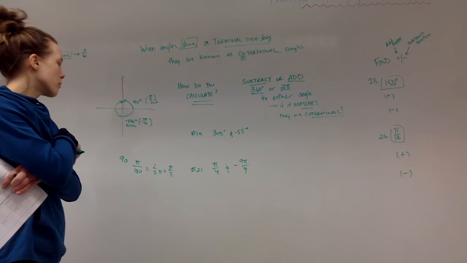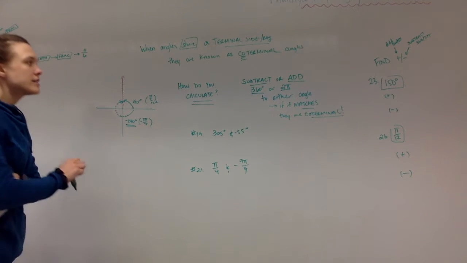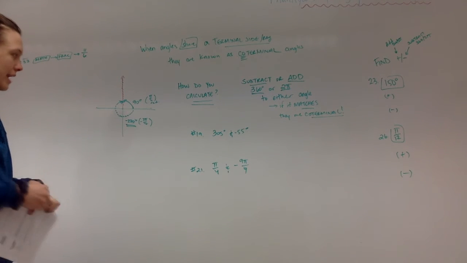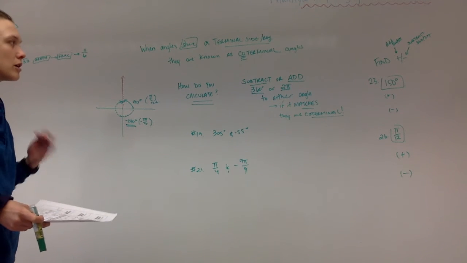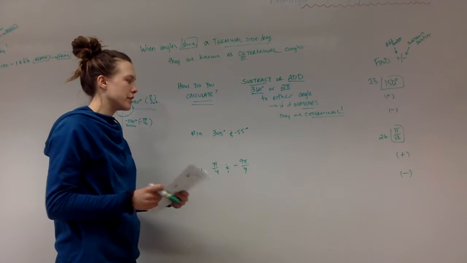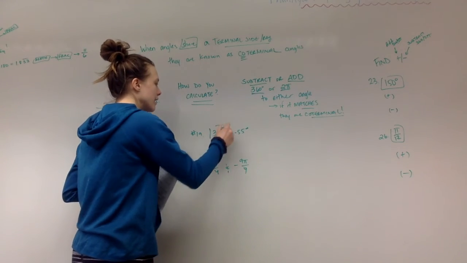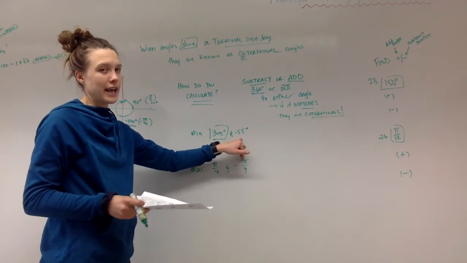I'll erase this because I'm probably a little confused. So let's calculate. Numbers 19 through 22 are asking if the angles are coterminal. You take the first angle measurement or the second one, your choice, and see if you add or subtract 360 from it, will you get to the second angle?